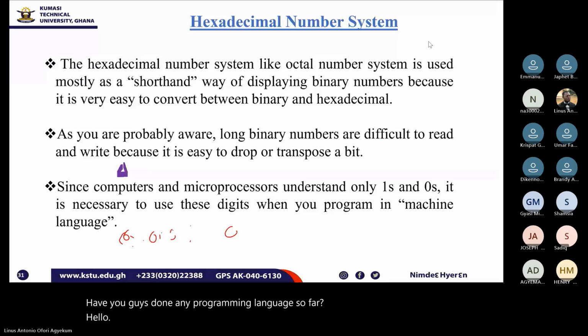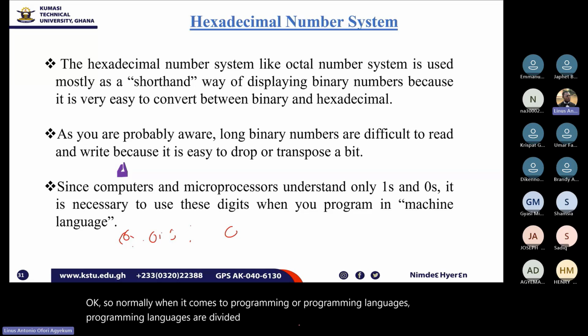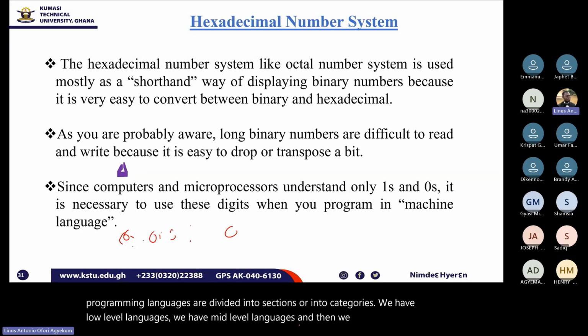No, sir. Okay, so normally programming languages are divided into categories. We have low-level languages, we have mid-level languages, and then we have high-level languages.